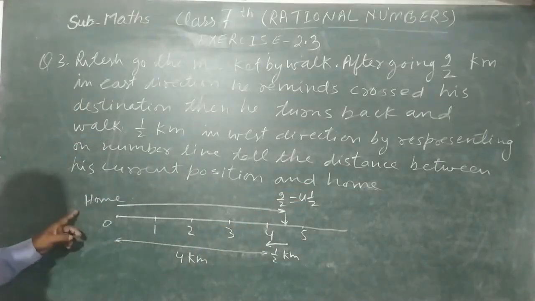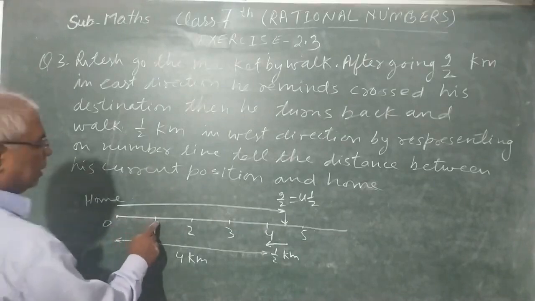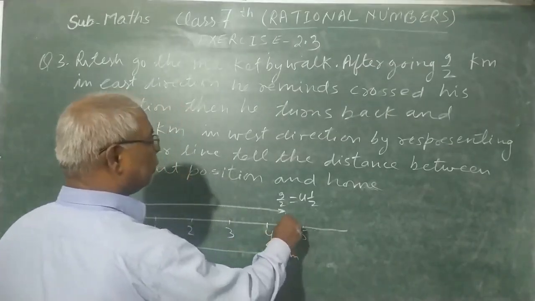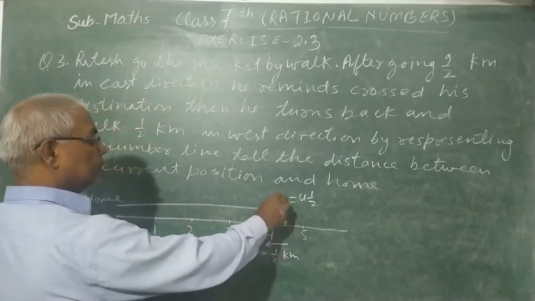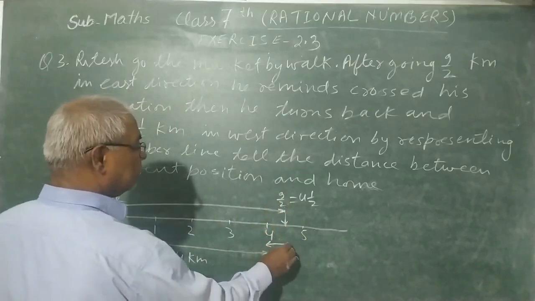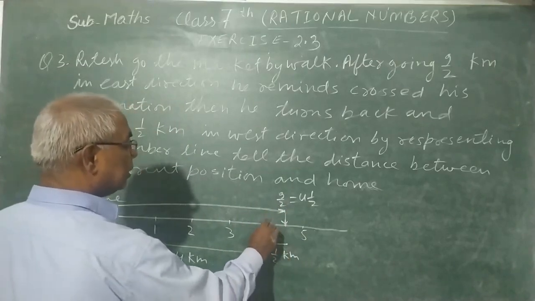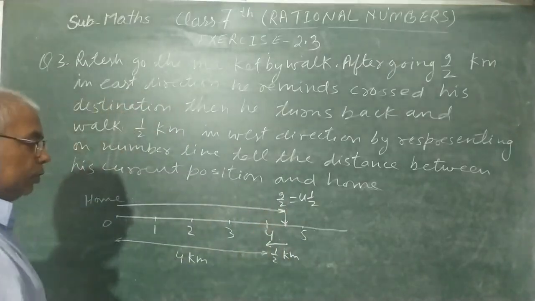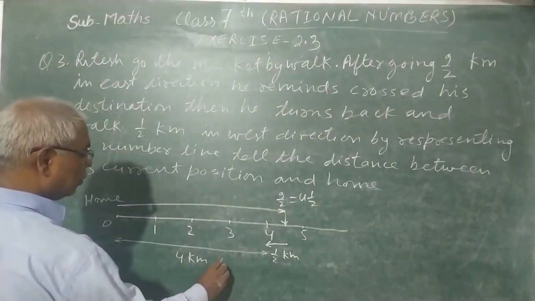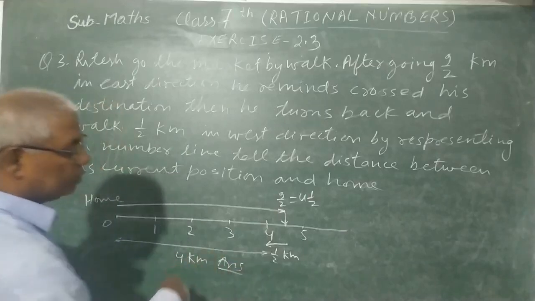Suppose this is your home and it is 1, 2, 3, 4 and 5. This one is 4.5 and that is 9 by 2. It is the market position, and when he turns back half a kilometer, he reaches 4 kilometers. The remaining part is 4 kilometers, so your answer is 4 kilometers, and that is on the number line.